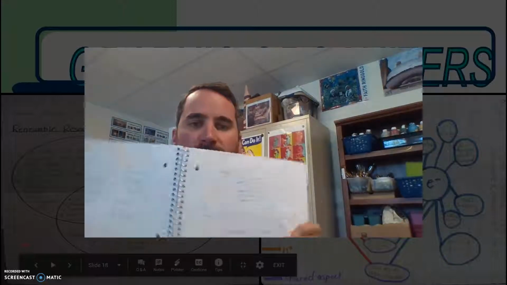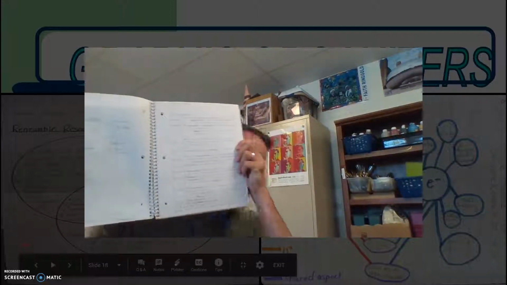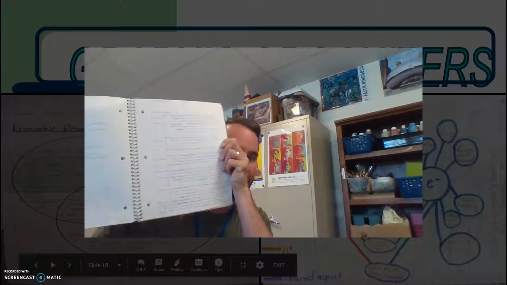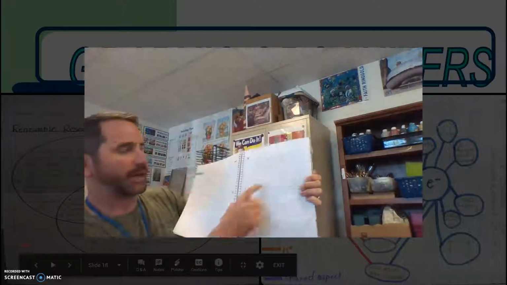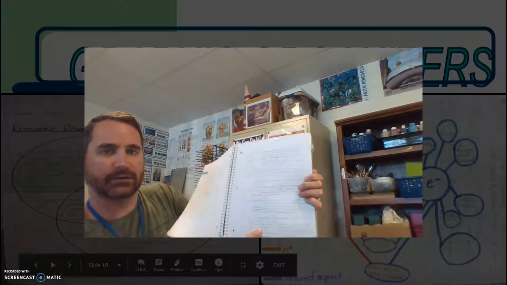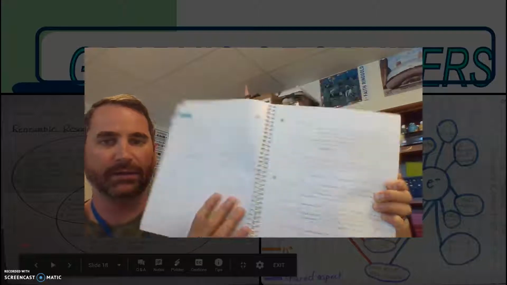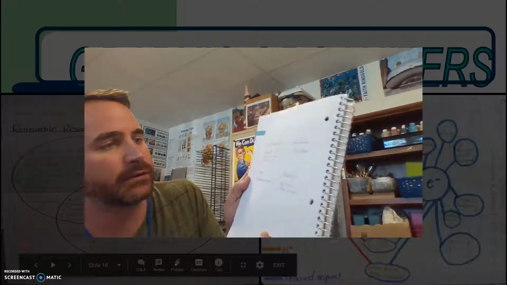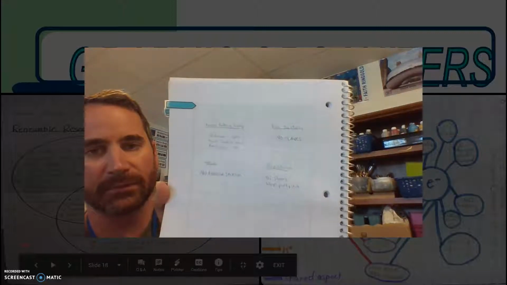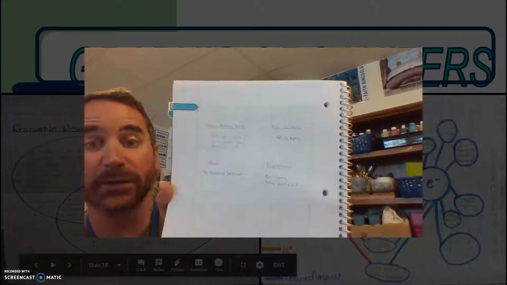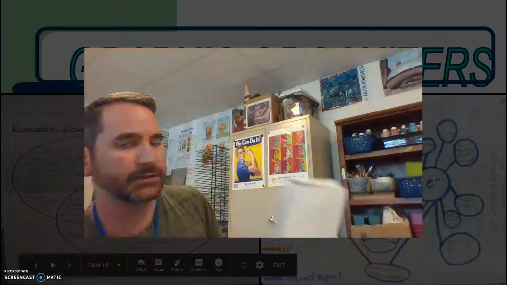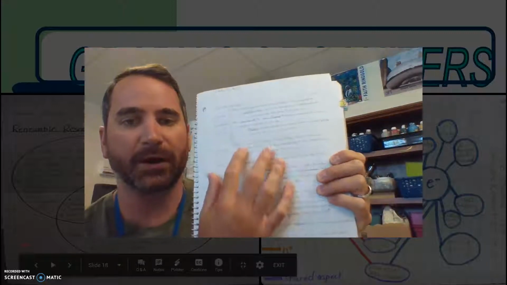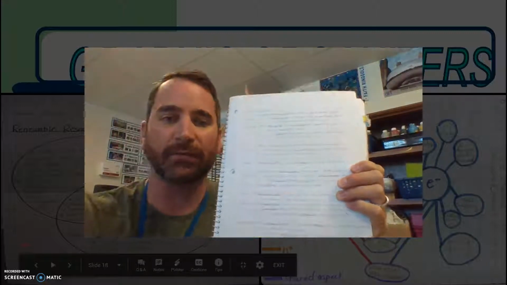I don't know if this is backwards, but you can see on their right side, they have their notes over here, Cornell notes. And then on their left side, they did a quick little compare Venn diagram about the different political parties during that time. So that reflects what they took notes on their right side.